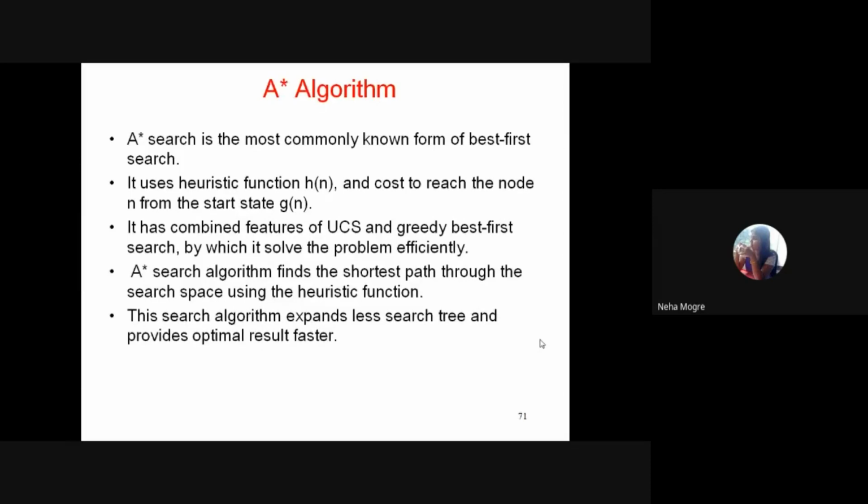So in this algorithm also, we are going to see the best optimal solution. One of the algorithms we have seen is uniform cost search. We have seen the problem also, where some nodes are being expanded along with their cost value.